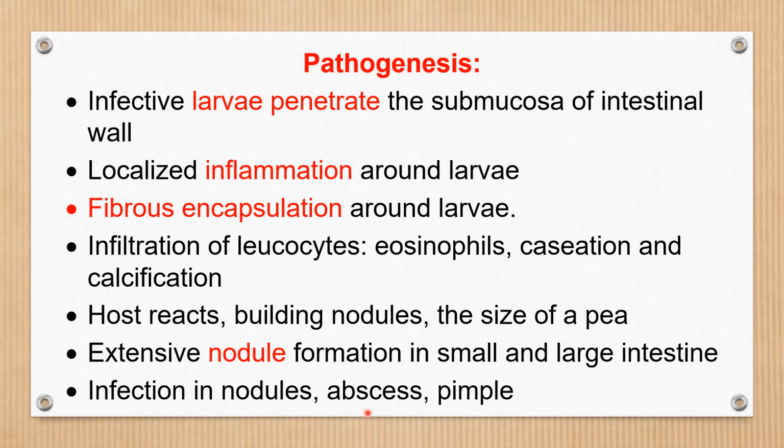There is a small abscess containing yellow pus, caseation, calcification, and that just looks like a pimple. So it is also called pimply gut disease, a characteristic of this disease. Pimples are nothing but small abscesses. There is infection along with worms.